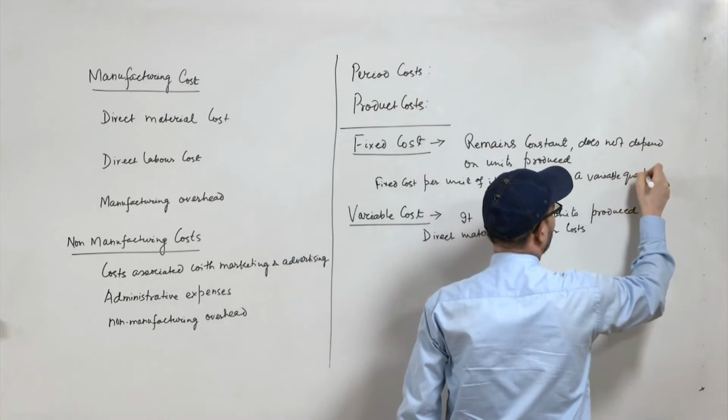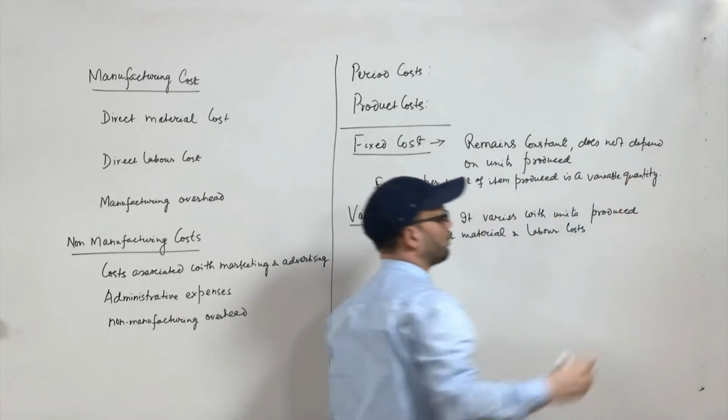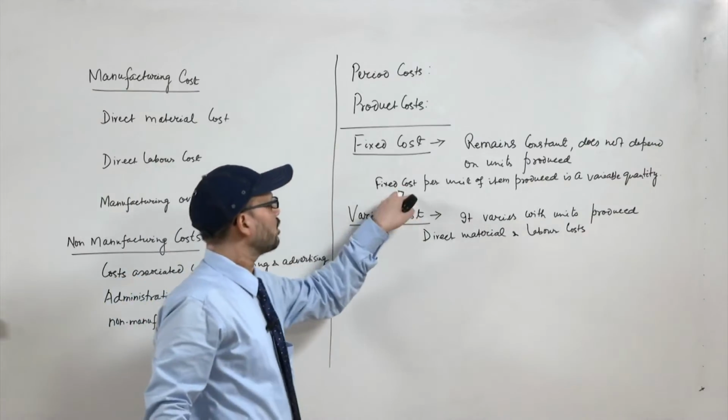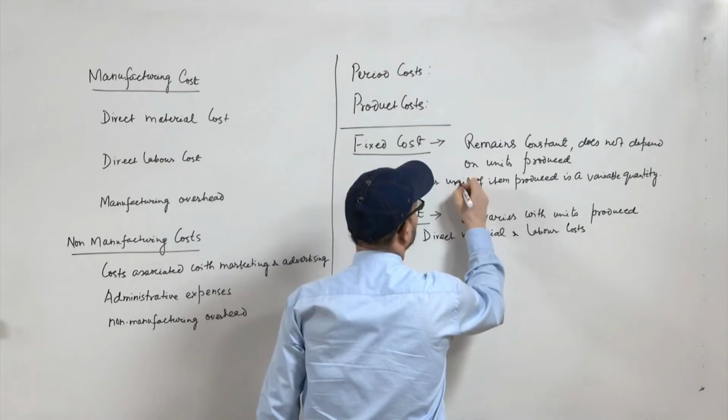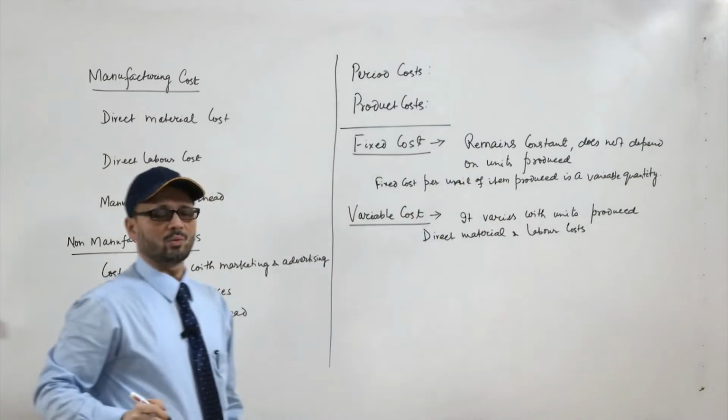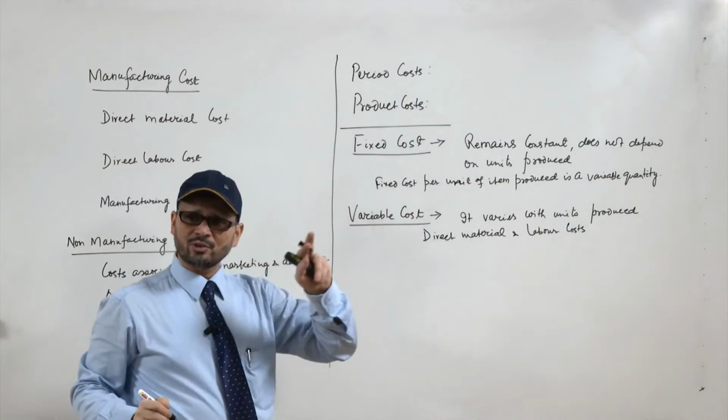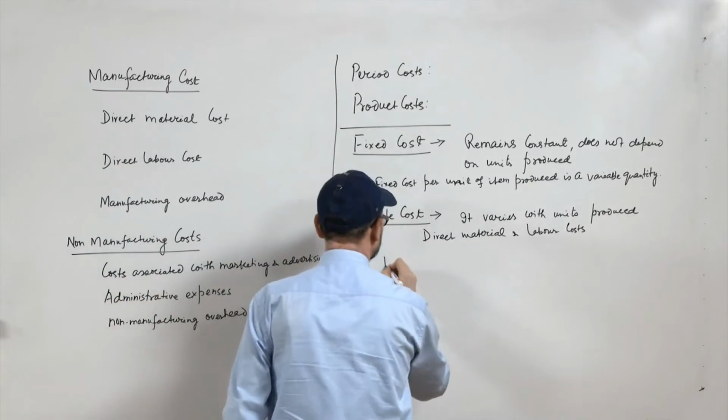As we vary the quantity produced, the fixed cost per unit will vary, while the variable cost per unit is a fixed quantity.